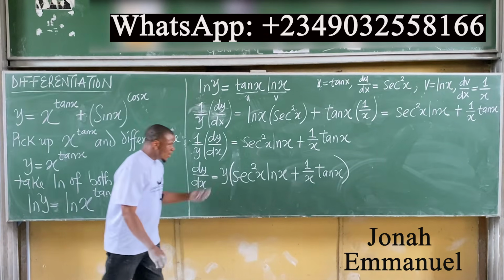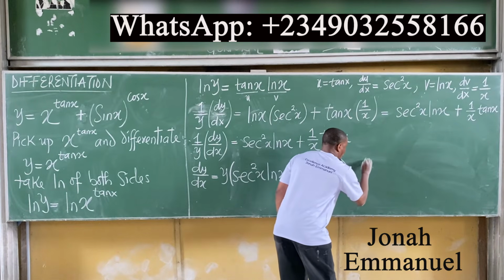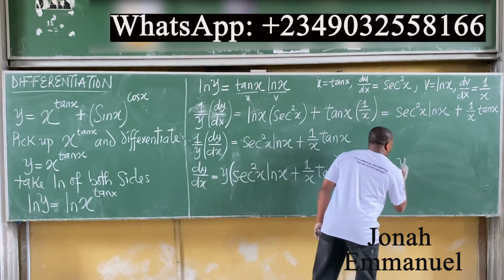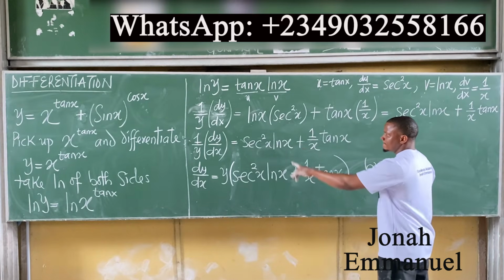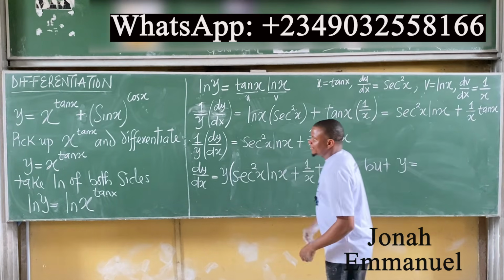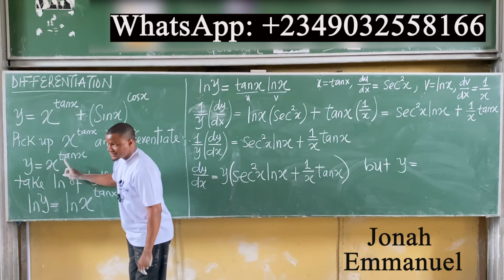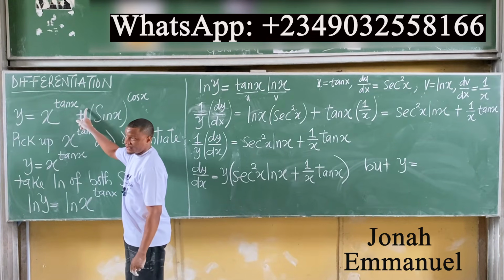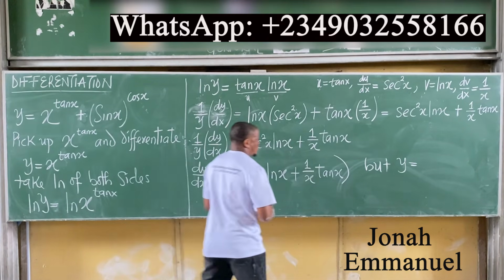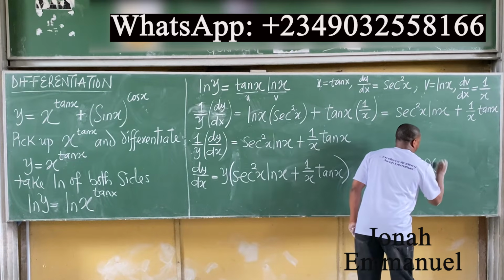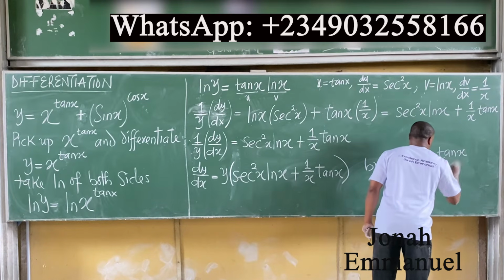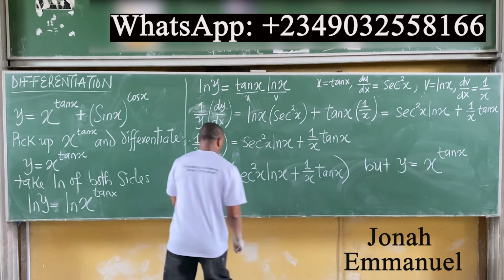What next? What's the value of y? If you're using y, remember that you're working with this. Don't go and take this one here. We're working with this. But y is equal to what there? x tan x. All right. So bring this here.